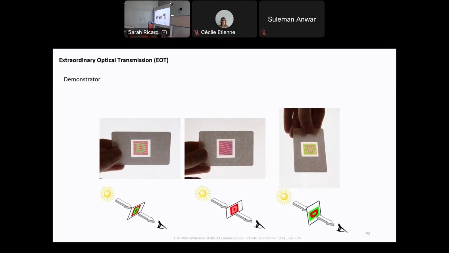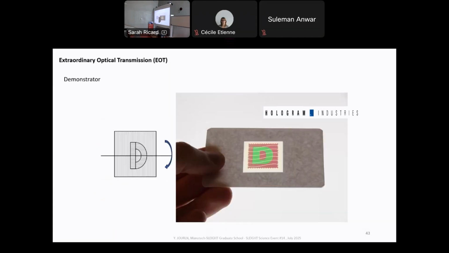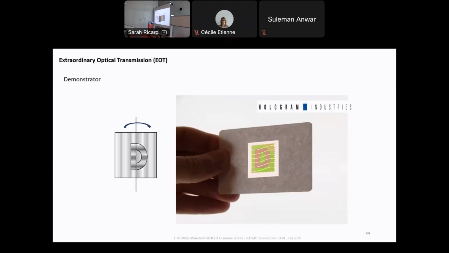So we can play by tilting in different ways according to the grating line's direction to have this kind of change in color. So it works quite well.